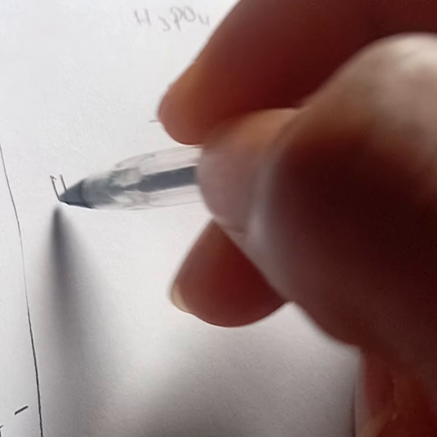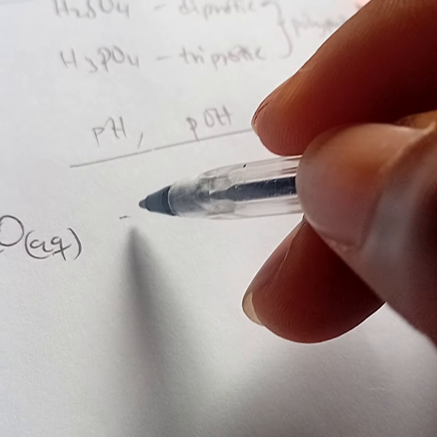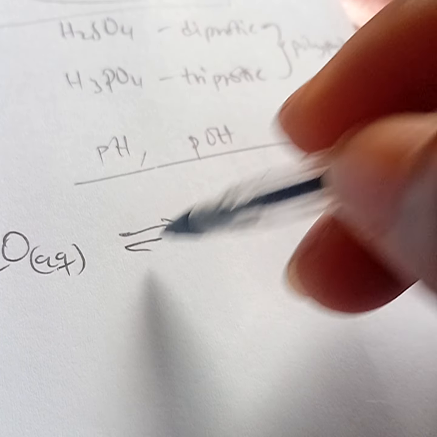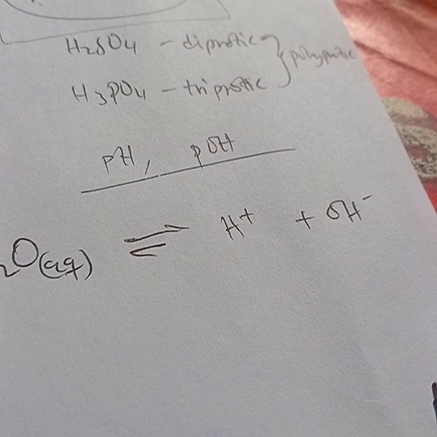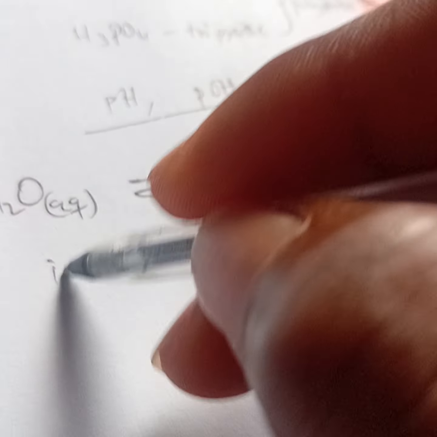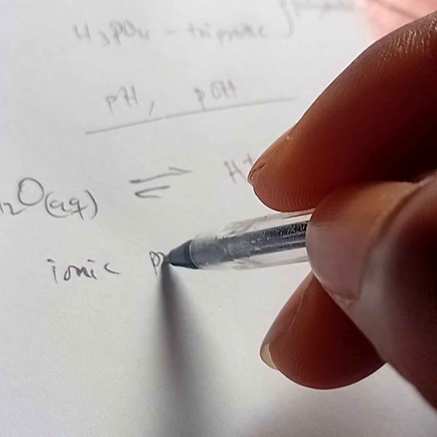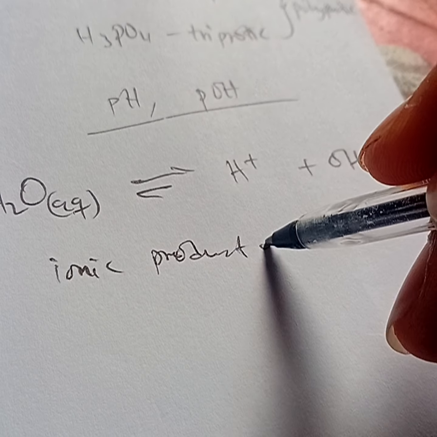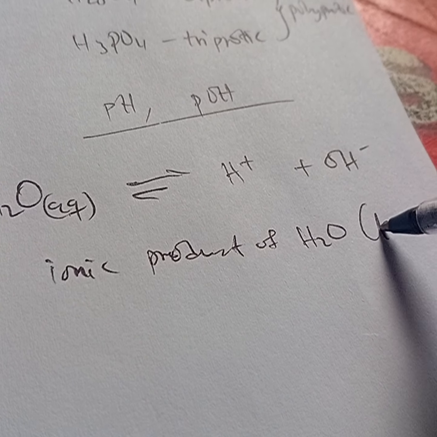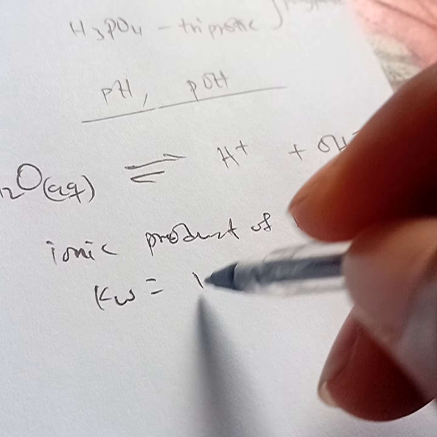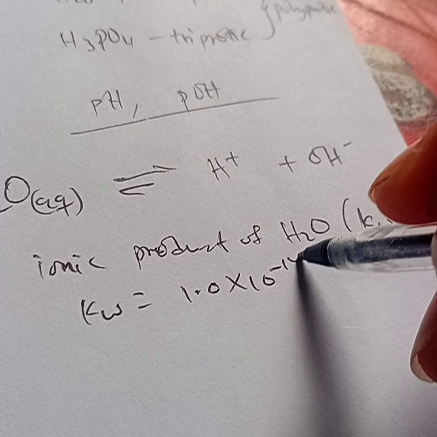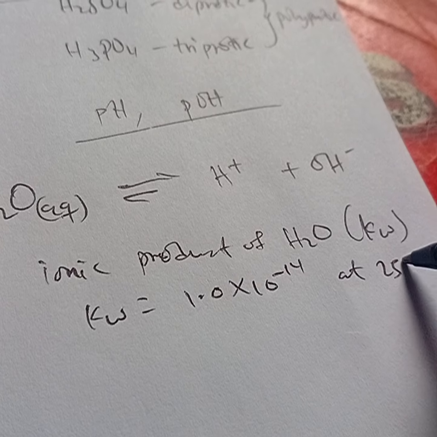We should know something called the ionic product of water, Kw. Kw has a value of 1.0 by 10 to the power negative 14 at 25 degrees Celsius.